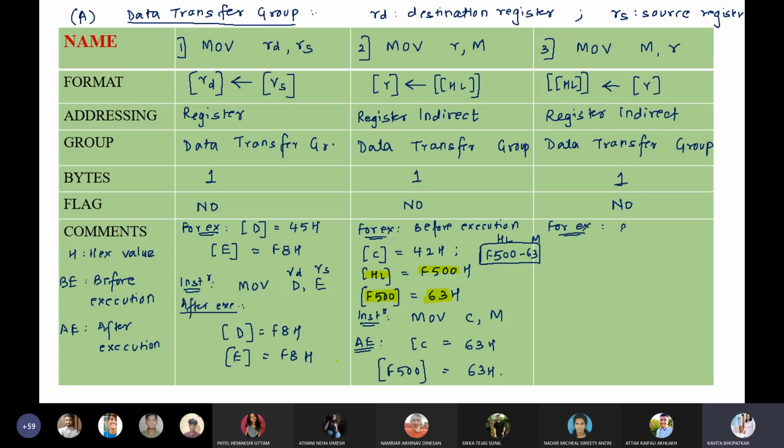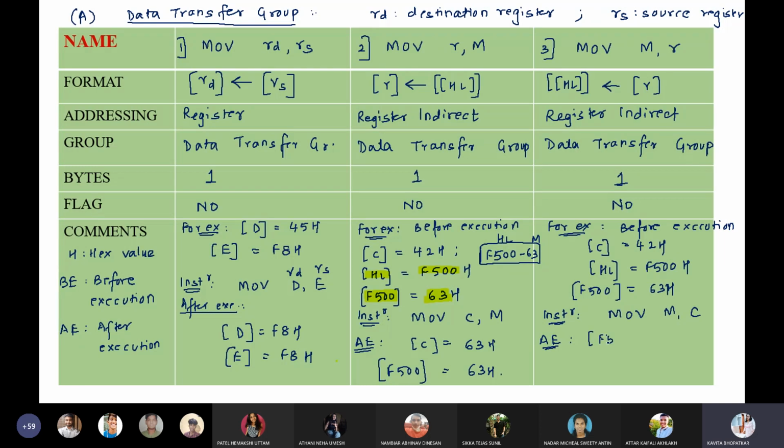For example, before execution, register C is having 42H, HL is having address F500H, and address F500 content is 63H. मैं वही ले रही हूँ. But instruction, I'm going to execute the opposite of it. MOV M, C.